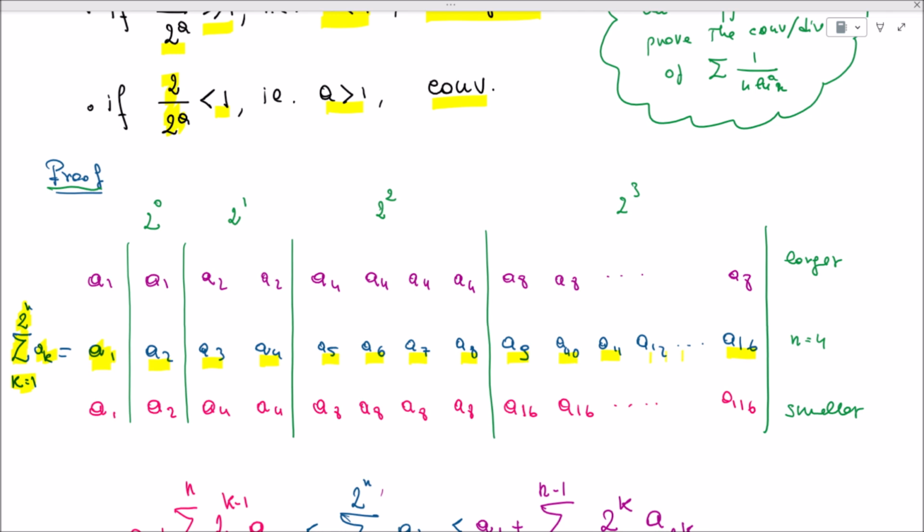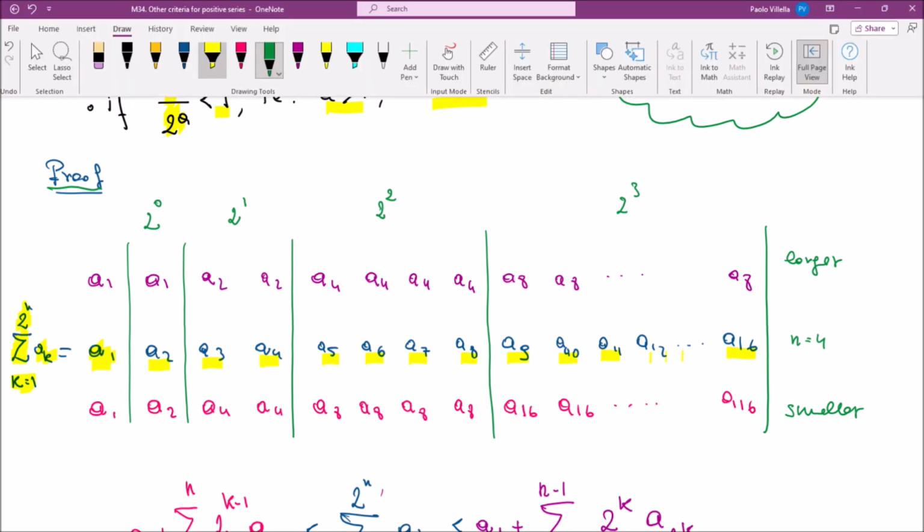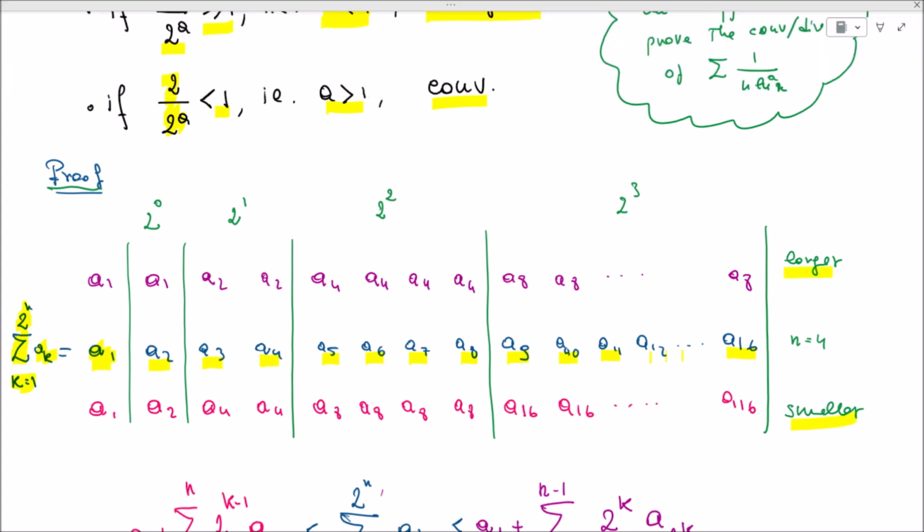Now, the idea behind this proof is that we want to build two sequences, one that is larger and one that is smaller. But we don't just do this. We also want to split basically all the elements, all these first 16 elements, into groups.